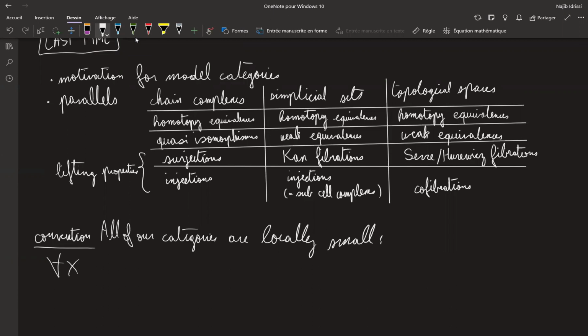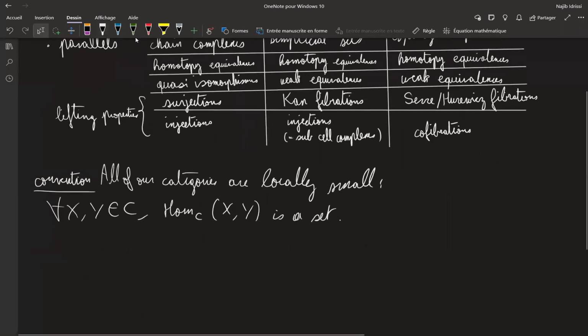So for all x, y in C, the hom C(x, y) is a set. So most of the time we can just forget about this condition, but in some cases it's important to have this, especially when we deal with localizations, or when we are going to deal with the small object argument, right?